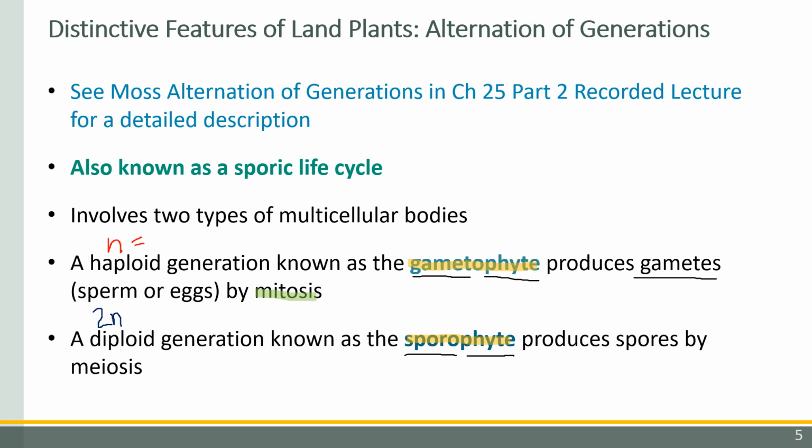But in alternation of generations, we are going to make haploid sperm and eggs by mitosis, and we are going to produce spores by meiosis. So we're actually still going to do cell division, we're still going to produce gametes, but it's going to look a little bit different than the process that you learned in 101.